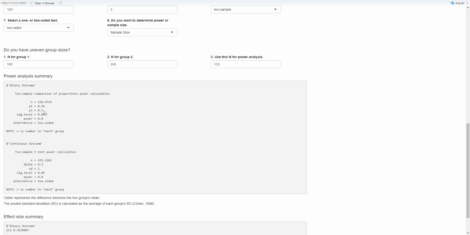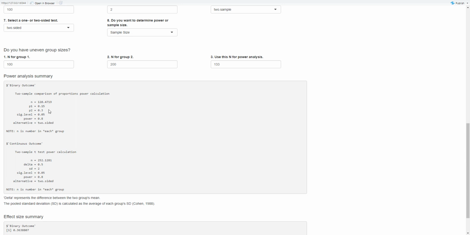We may have gotten that level of power just by our data collection, so that's why post hoc power analyses don't have the same impact as the power analyses that are conducted before a study starts. And the reason that we'd want to do that before the study starts is that we'd want to conduct a study in which we'd consider that our results didn't happen just by chance, and that is what defines power in a power analysis.